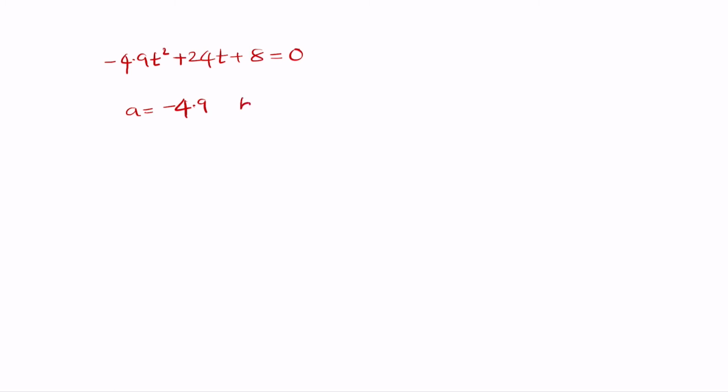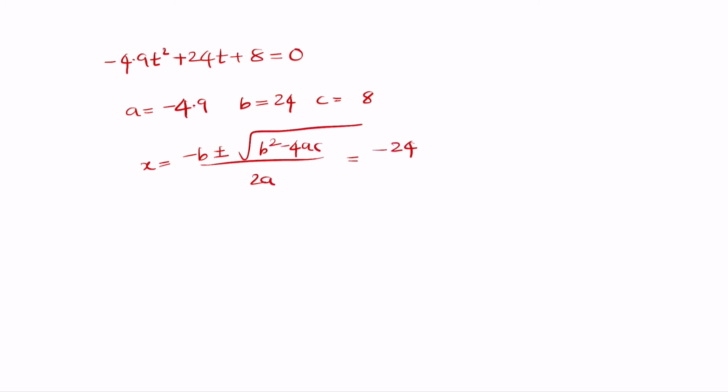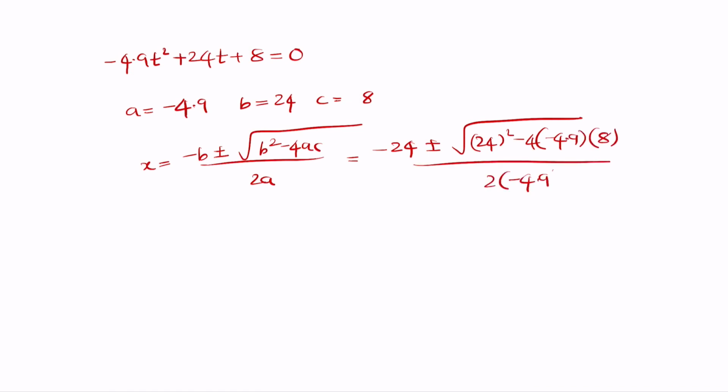So a is -4.9, b is 24, and c is 8. You have x equals -b plus or minus square root of b square minus 4ac by 2a. So -24 plus or minus square root of 24 square minus 4 times negative 4.9 times 8 by 2 times negative 4.9.